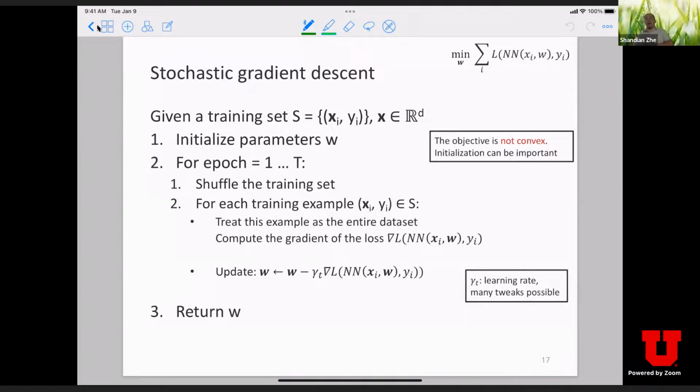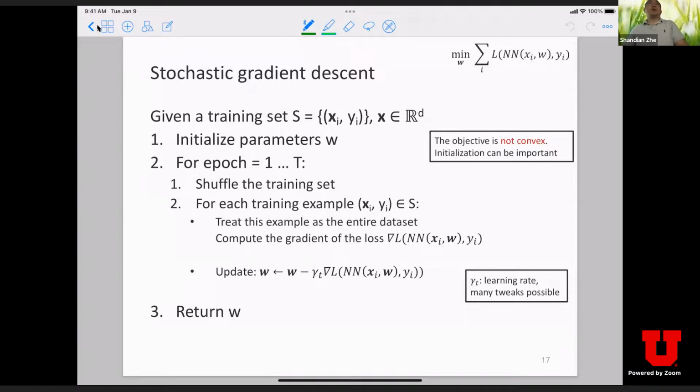So in the last lecture, we talked about the definition of artificial neural networks, and how we compute the prediction given the neural network parameters and the input. Basically, you can view a neural network as a directed acyclic graph.